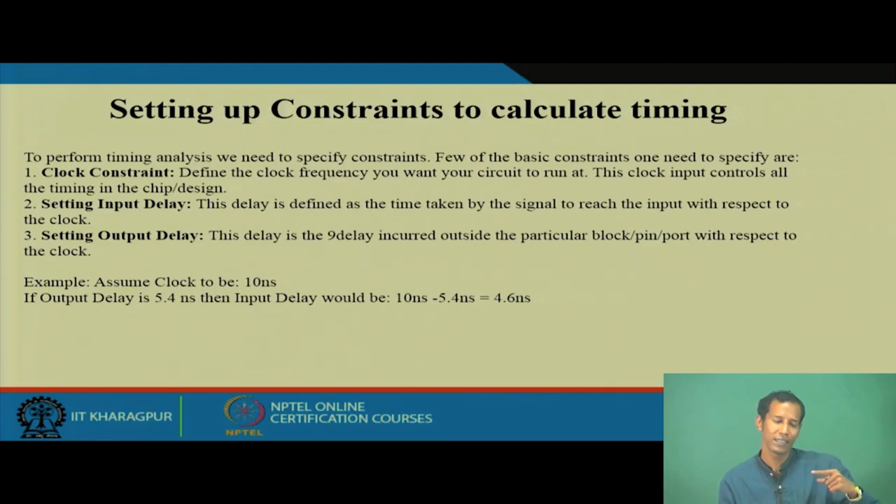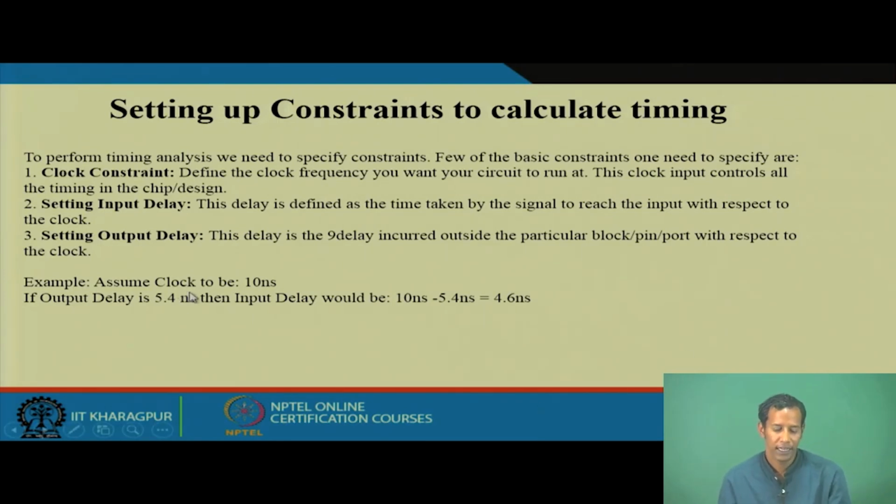Whenever these pins are connected to the pads, they need some time to reach the actual pins of your core. The time required from the input pad to the input pin of your core, you can mention by putting that as input delay, and the same thing on the output side, from the output pin of the core to the output pad, you can set as output delay.